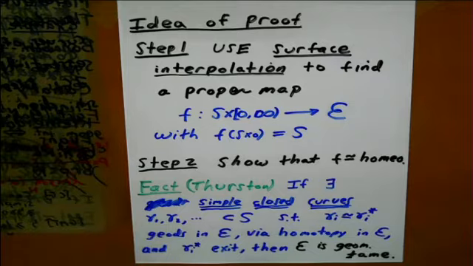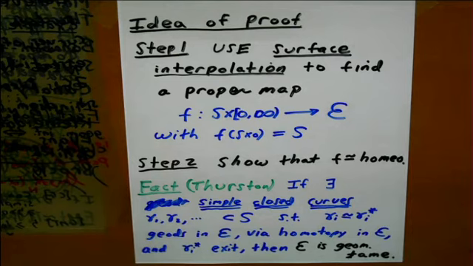If you have this sequence of intrinsic curvature minus one surfaces exiting the end, then you can use a technique he called pleated surface interpolation, let's simply call it surface interpolation, to find a proper map of S cross [0, infinity) into the end, which takes S cross 0 to this surface over here.